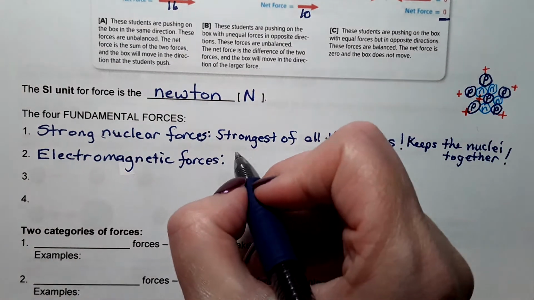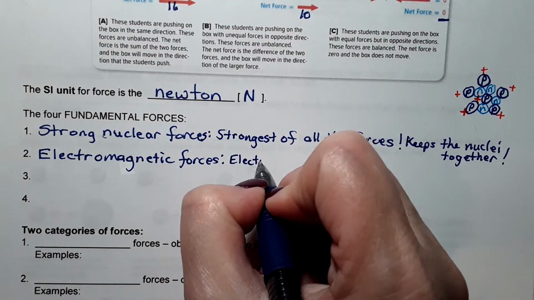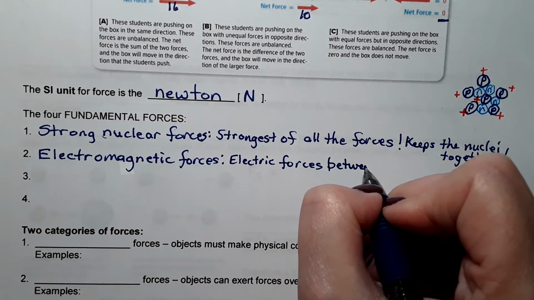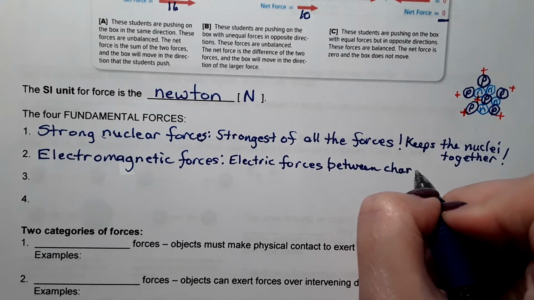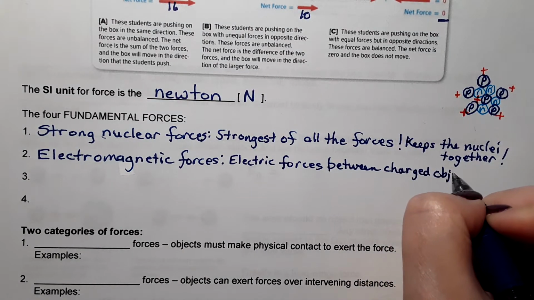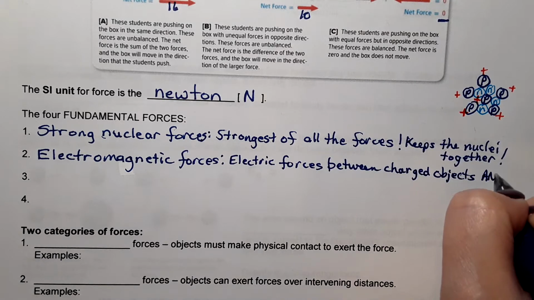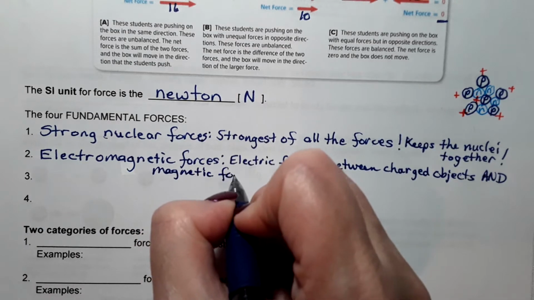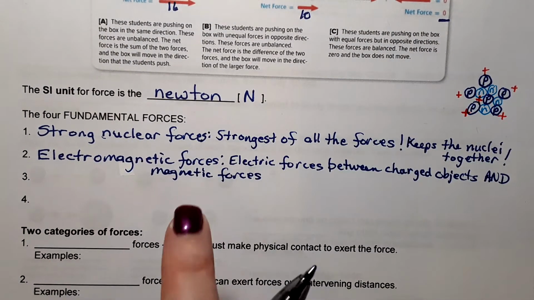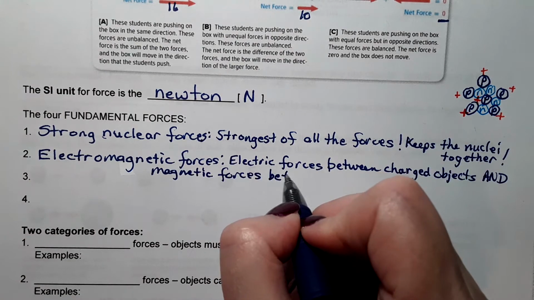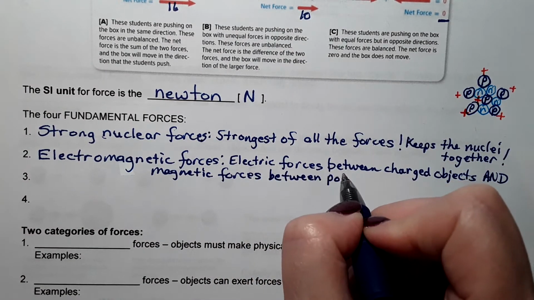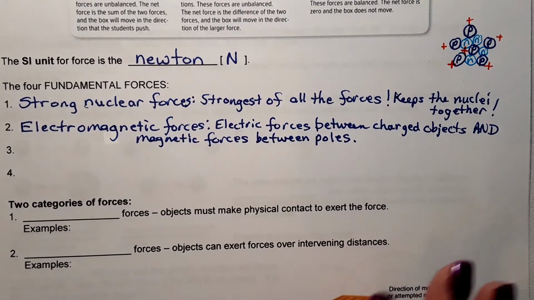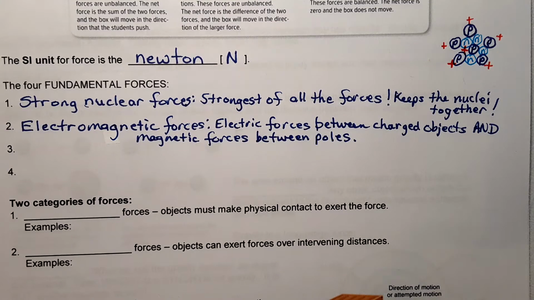And these are the electric forces between charged objects and magnetic forces between poles, magnetic poles, okay, you know, like north and south poles, like the Earth acts like it's got a giant bar magnet through the center.